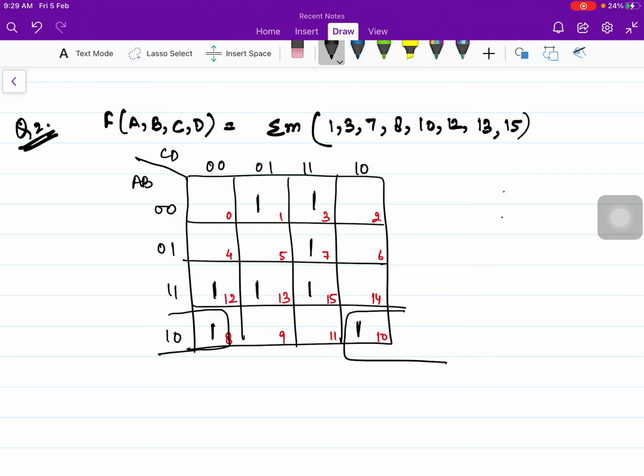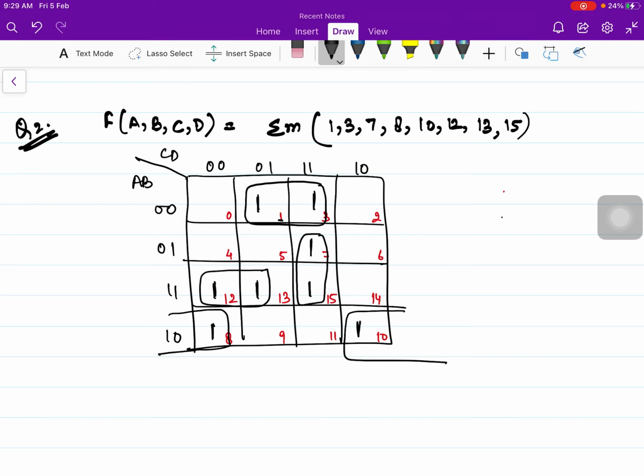Now 12 number block 1 can be only grouped with 13 block 1. So make that group. Okay. Now 1 block 1 1, that means this one can be only grouped with the third block 1. So make a group of this. And then you will be left with only this group which is possible.